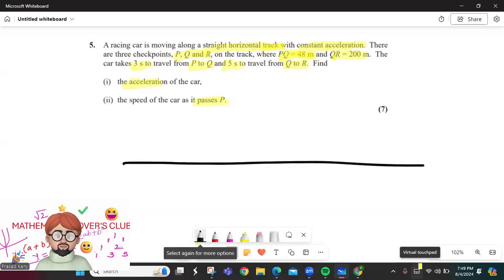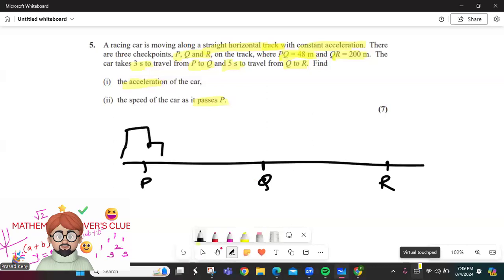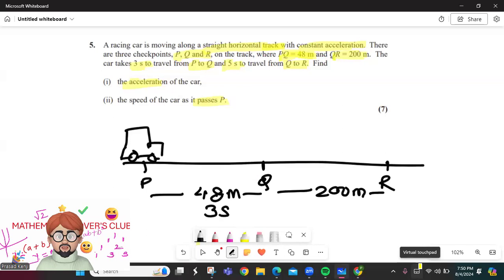So this is a straight track and the car is moving from P to Q and then to R. So suppose this is the car and it is given that the distance between PQ is 48 meter and the distance between QR is 200 meter and the car takes 3 seconds to travel from P to Q and 5 seconds to travel from Q to R. And we have to find the acceleration of this car and the speed of the car as it passes through P.